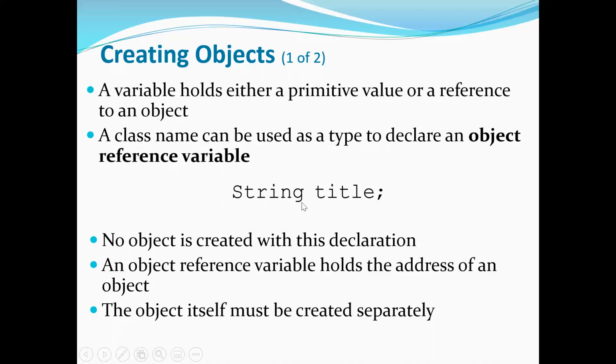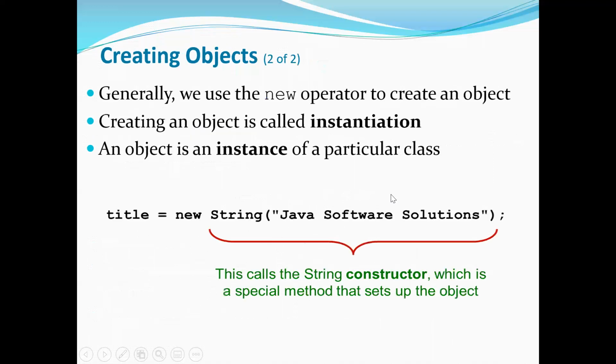So again, this is String title. This means no object is created with this declaration. An object reference variable holds the address of an object. As we said, the primitive variable will hold the value, but an object reference variable will hold the address of where the specific values are stored. So the object itself must be created separately.